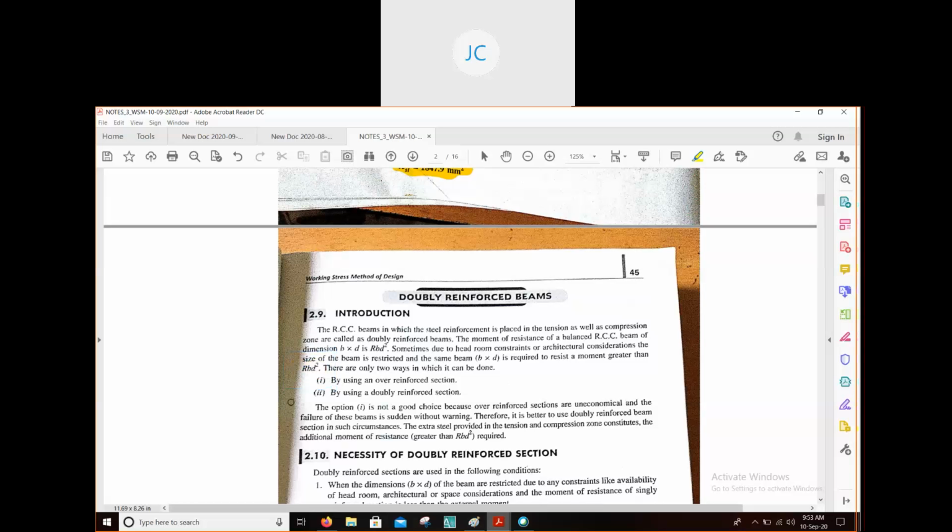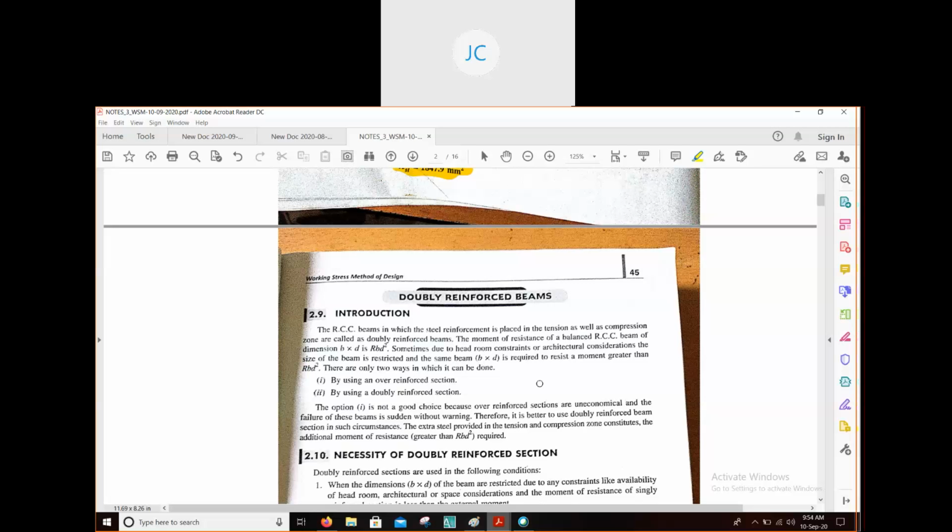So in that case, if you are providing a singly reinforced beam, you can see that in some cases the moment which is developing within the structure is more than the value of RBD square. That means whatever the size of the beam, it might need to resist more amount of moment.